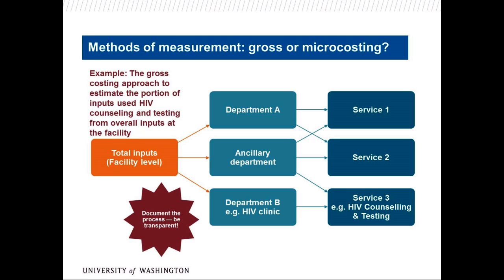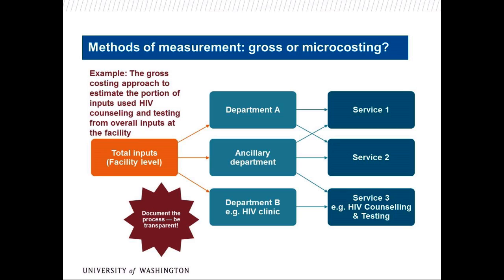Imagine that we're costing HIV counseling and testing in a particular facility. There are many departments in that facility, so we understand the full range of costs for that facility, and then we use a method called step-down costing to allocate what's going to the HIV clinic, and within the HIV clinic, what's going to HIV counseling and testing. That's an example of gross costing.